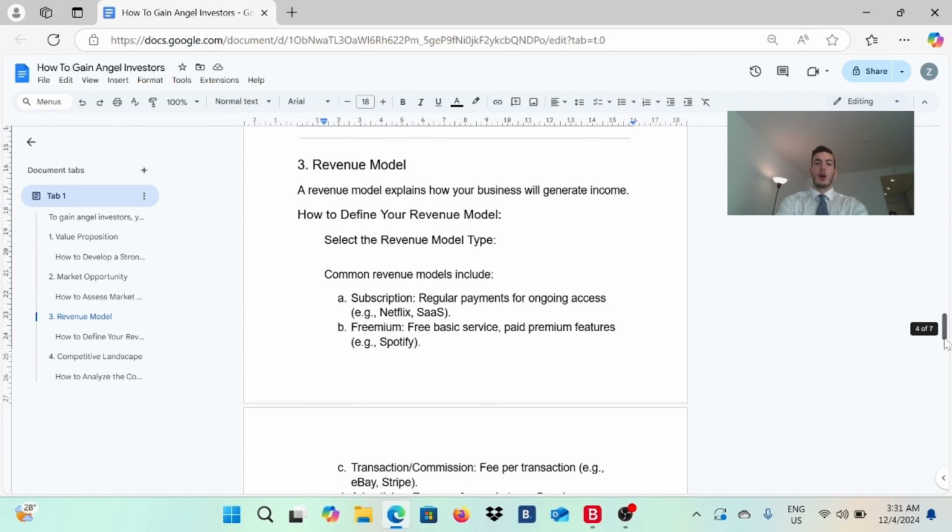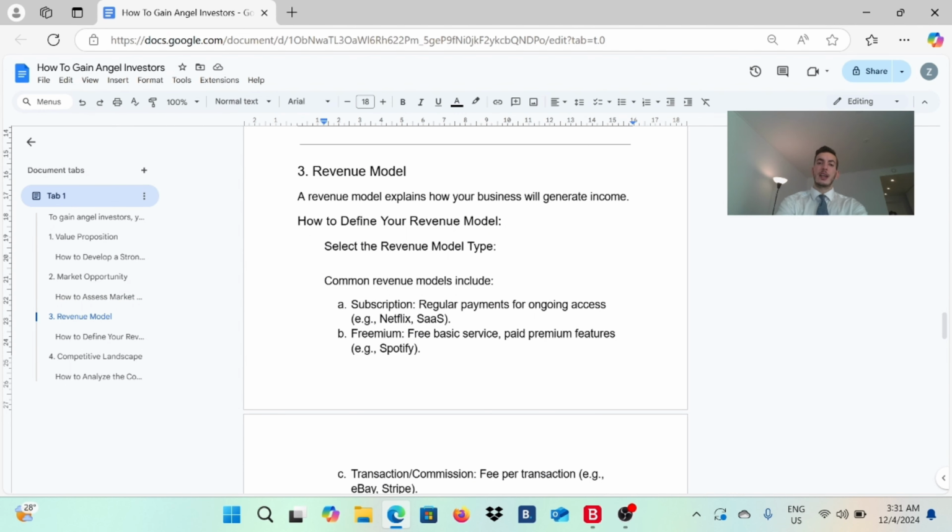All right. You also need to take a look at the revenue model. A revenue model explains how your business will generate income. To define your revenue model, select the revenue model type.